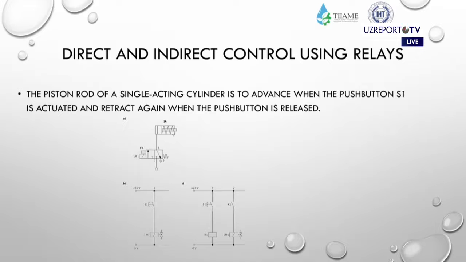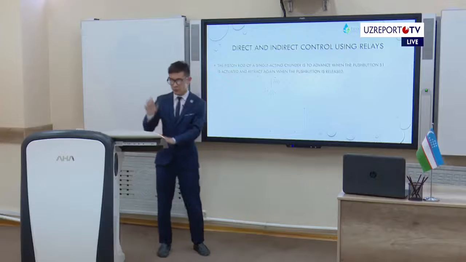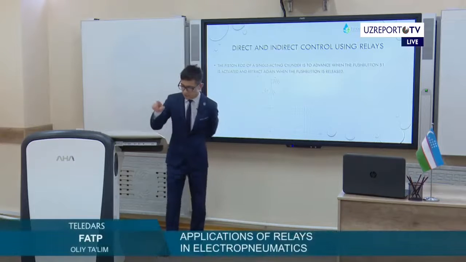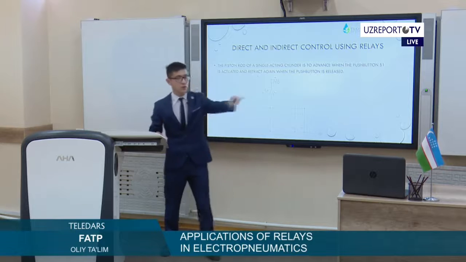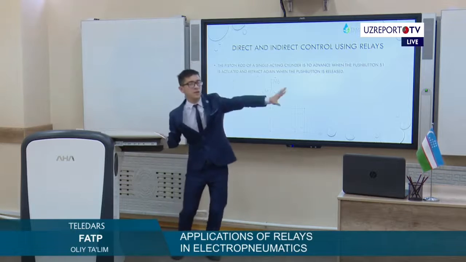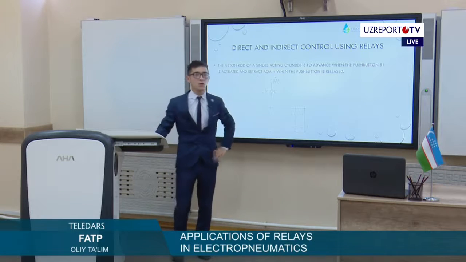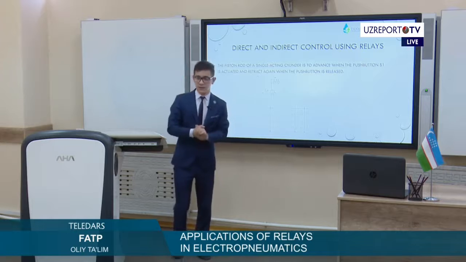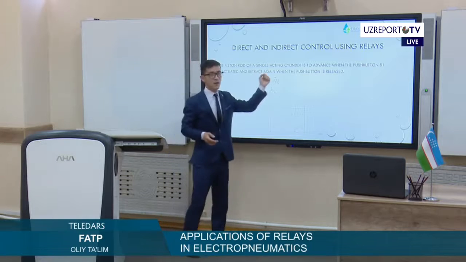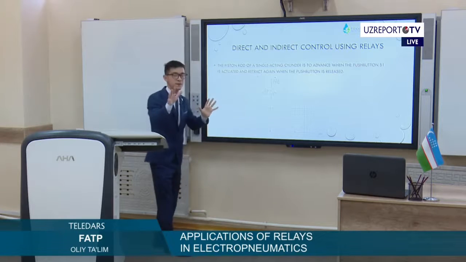Let's imagine that here we have a push button, and when you use the push button, the action unit starts in some different place in your factory or manufacturing place. That's an indirect connection. What is the difference between them?